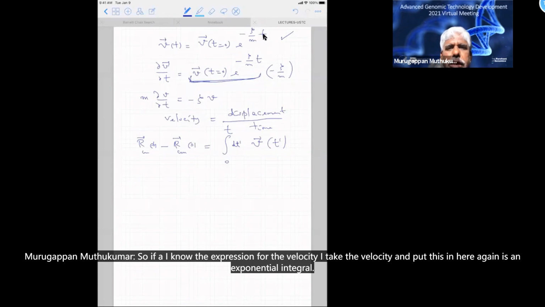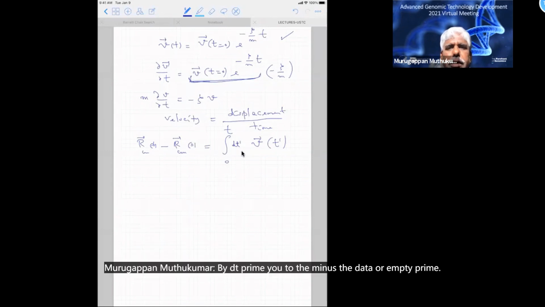Again, it's an exponential integral, right? dt prime e to the minus zeta over m t prime. Now we can do that calculation.